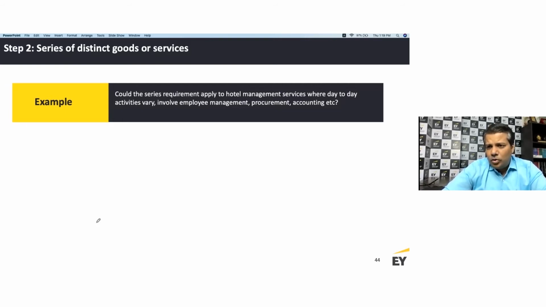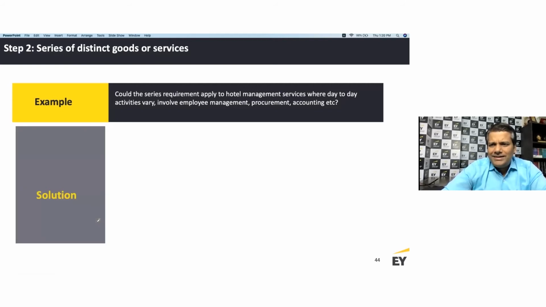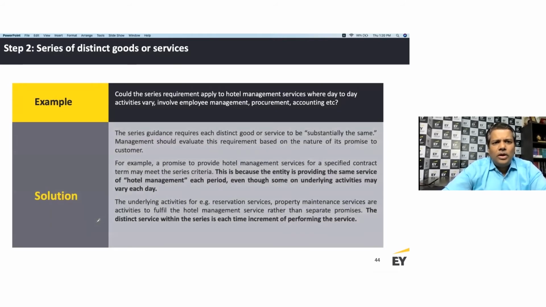I'm doing multiple things: providing reservations, guest maintenance, maintaining the cafeterias and restaurants, procurement, accounting, and many more. Are they multiple services, or are they all interrelated? In a way, though they are distinct, they are substantially the same. They come under the same umbrella.